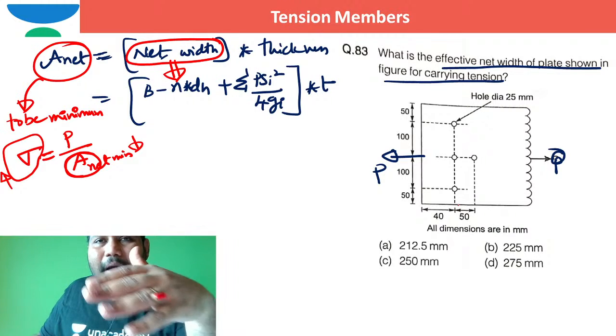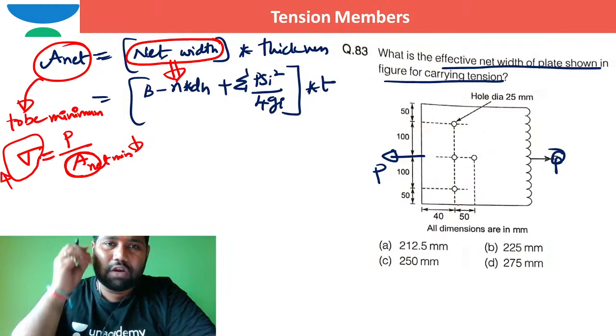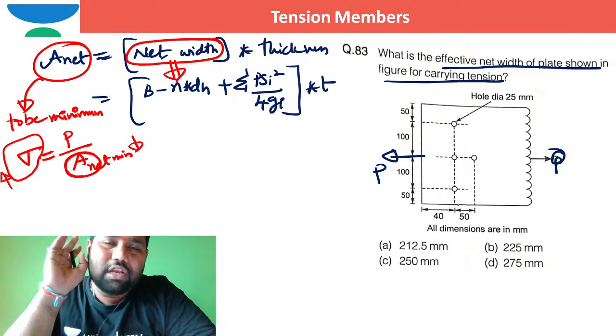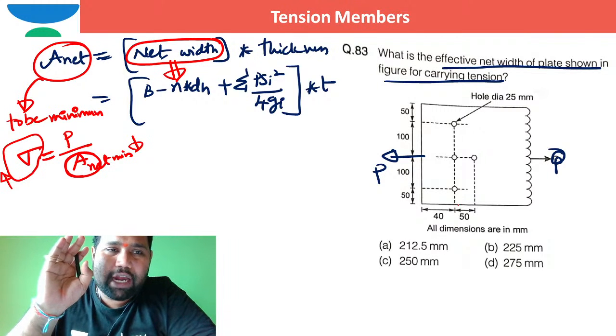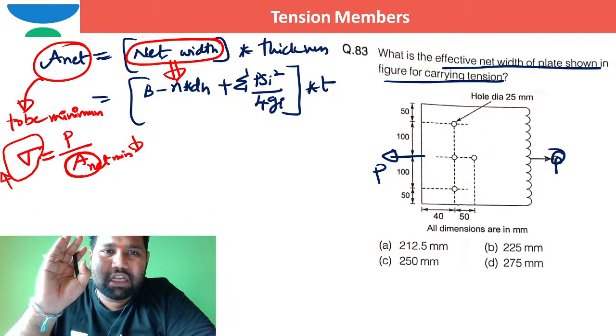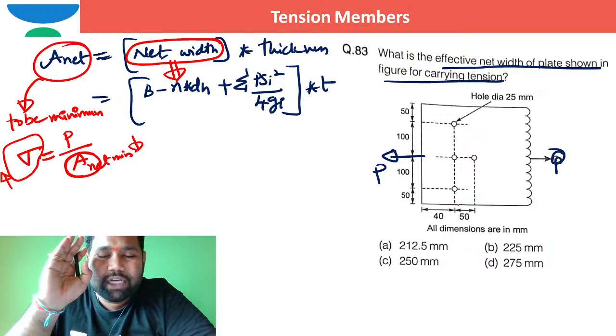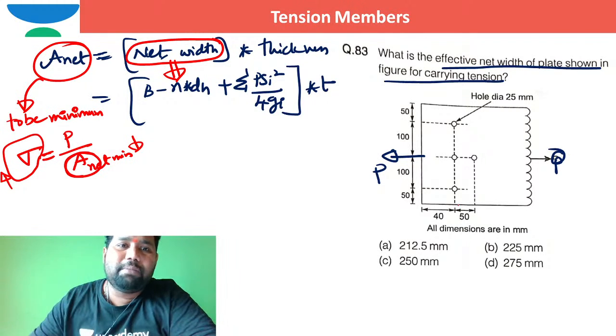So along that path only the cracks or fissures, whatever that may be, the failure will happen. So to get this tension failure, I should take a section such that the net width is minimum.